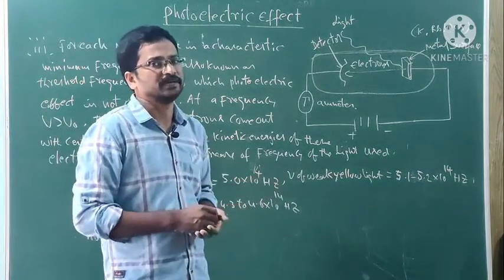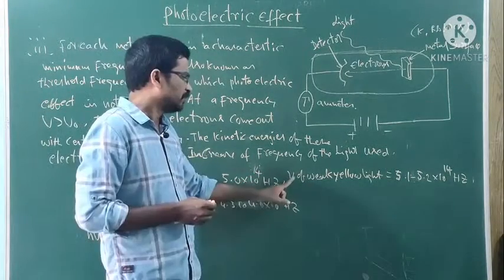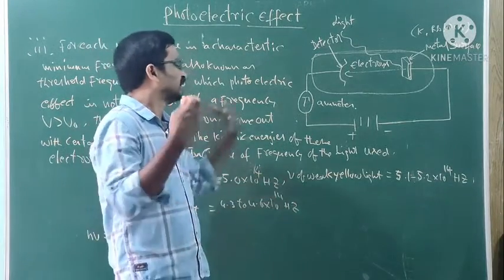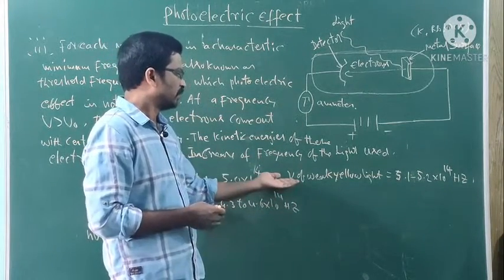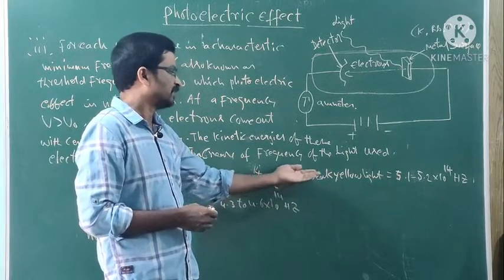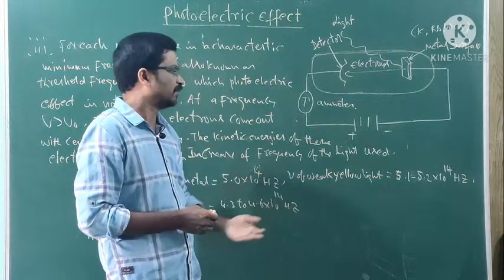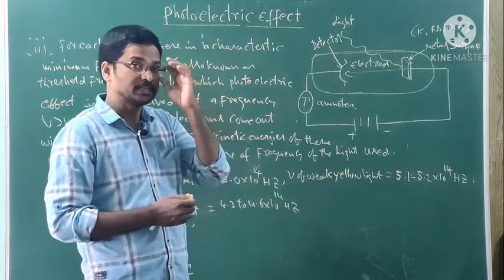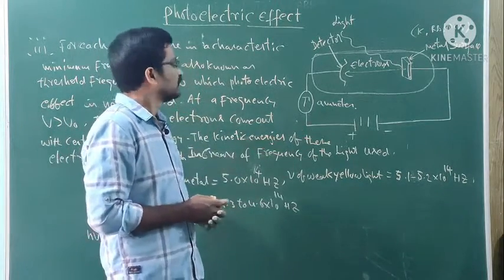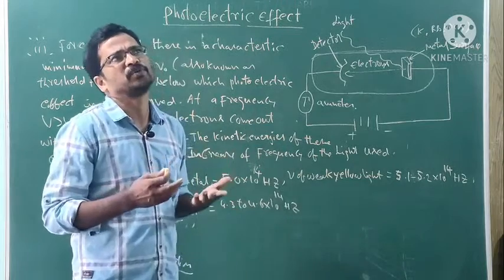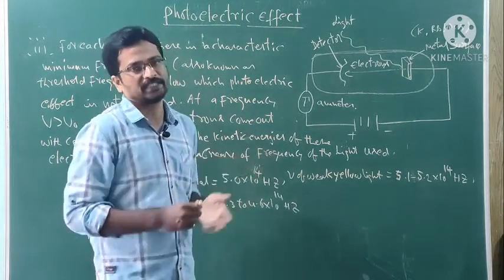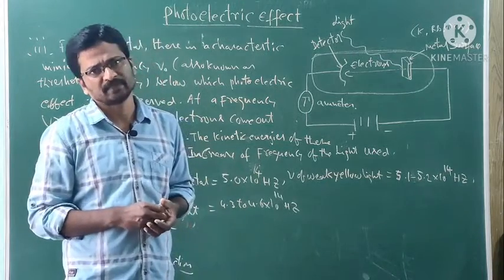Now there is another question. If the frequency of light is very high, compared to the weak yellow light at 5.1 to 5.2 into 10 to the power of 14 Hz, say 6.0 or 10.0 into 10 to the power of 14 Hz, then what happens?